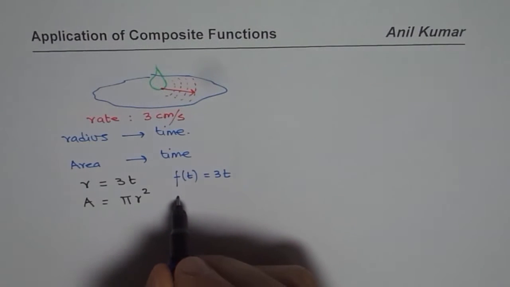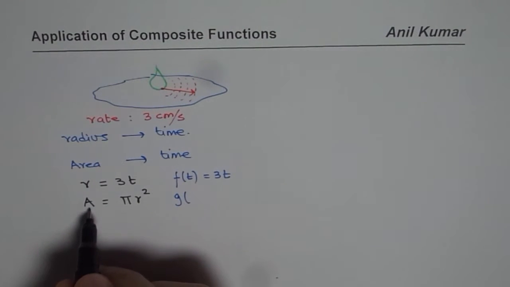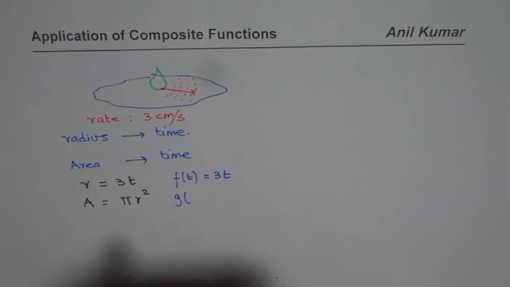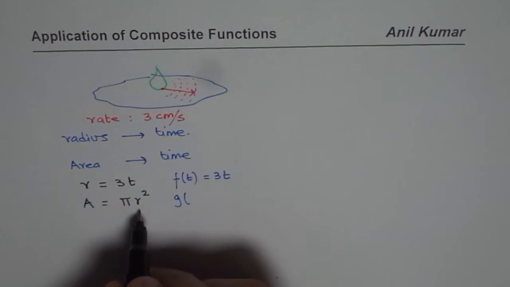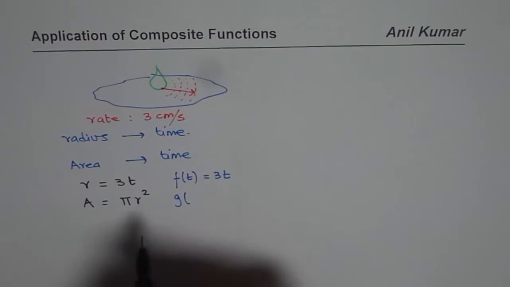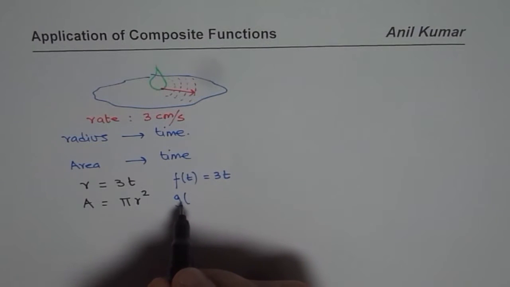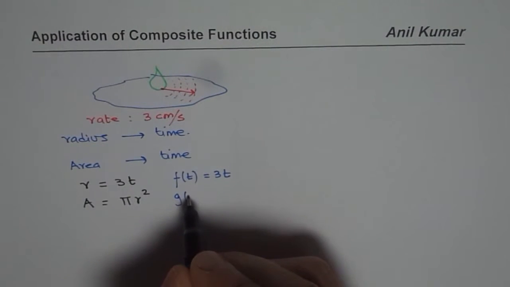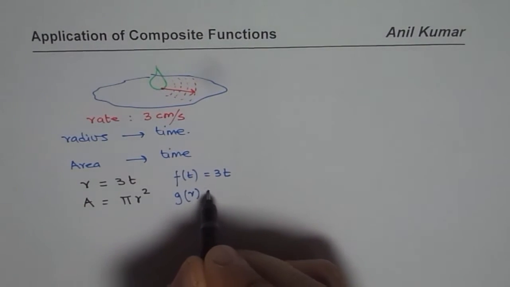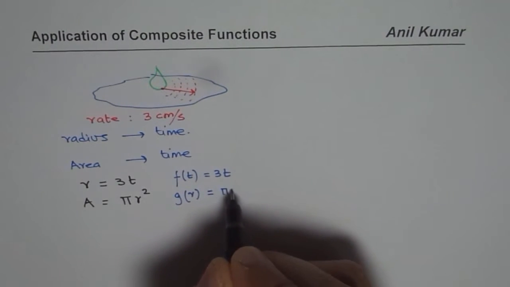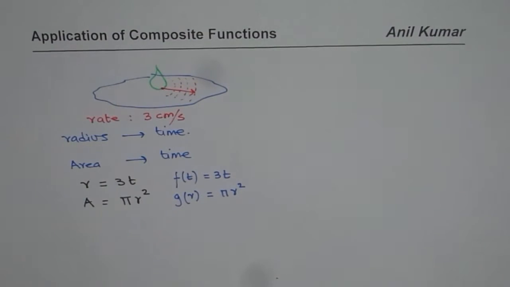And here we have another function g which represents area, but this function is given to us in terms of radius, so we'll call this function g of r, which is pi r square, correct? So that is how we have two relations at present.